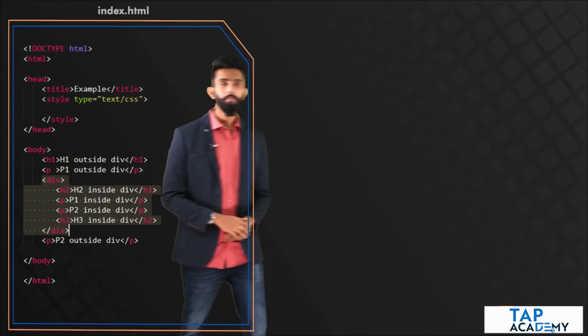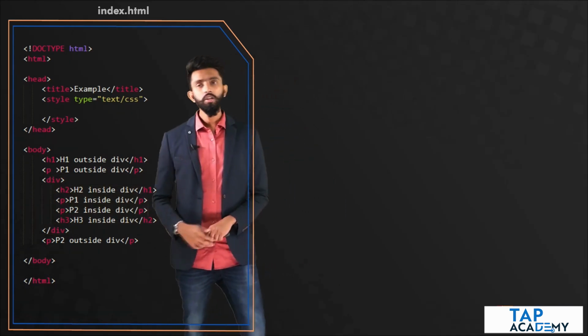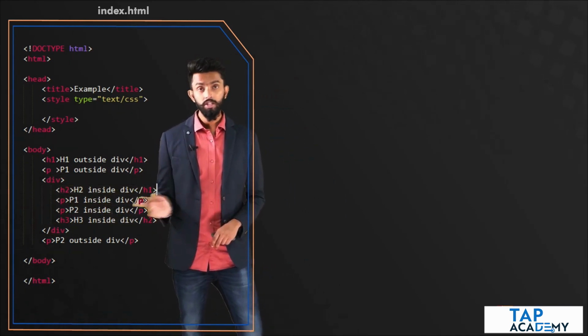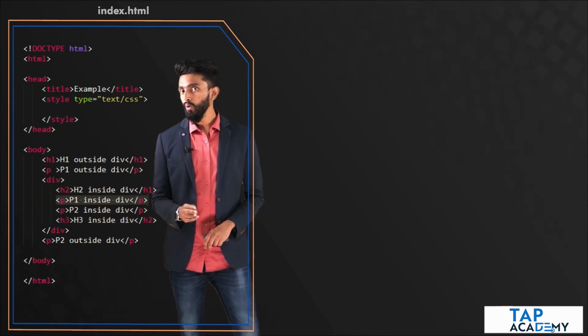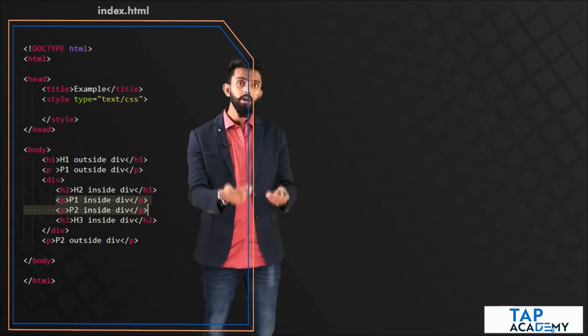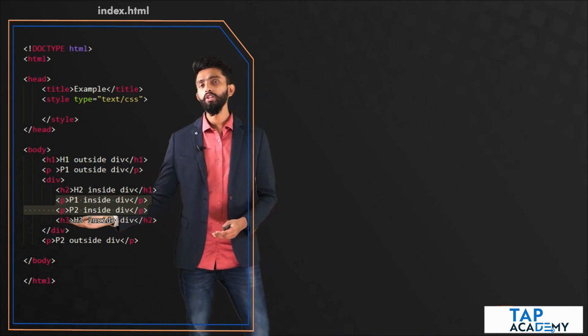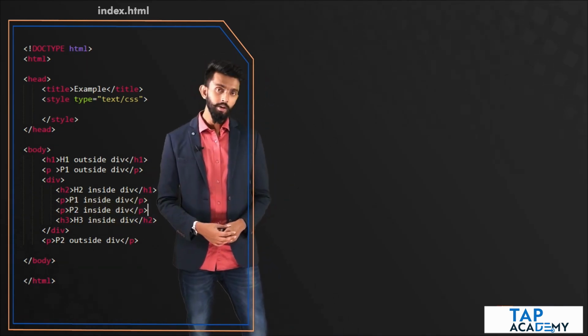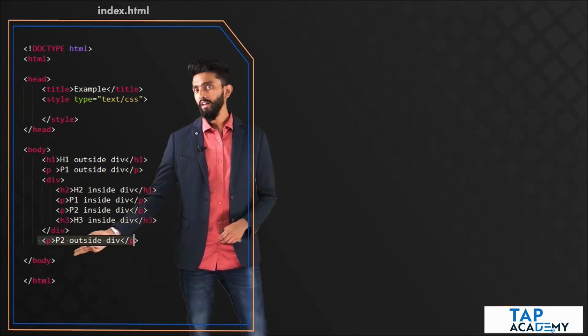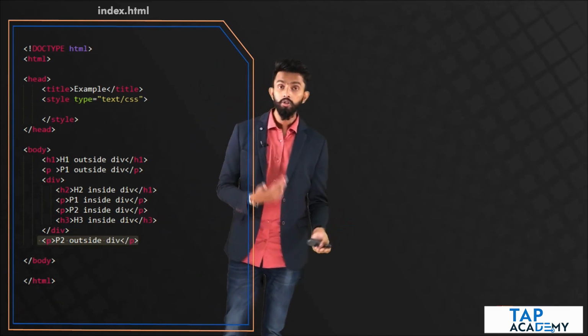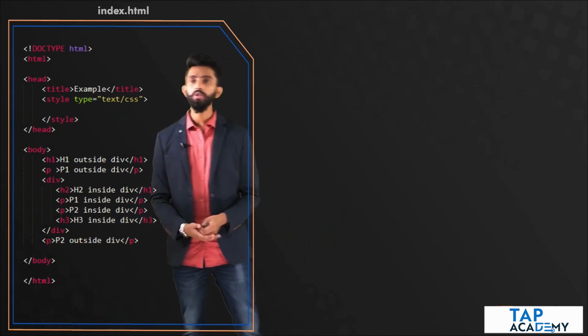Then there is a division. Inside the division I have one h2 tag. Then I have two more p tags inside the division. So I've told p1 inside div, p2 inside div. Then I have an h3 tag which is again inside my division. Any confusion till here? After which I have closed my division, and then I have a p tag outside the division. So I've told p2 outside div. As simple as that. Any confusion till here?